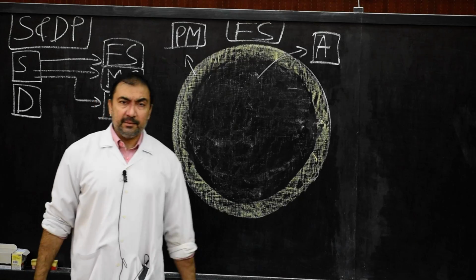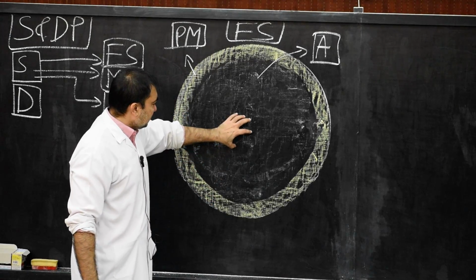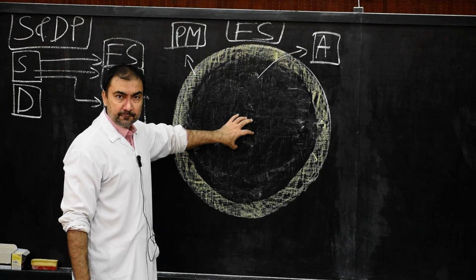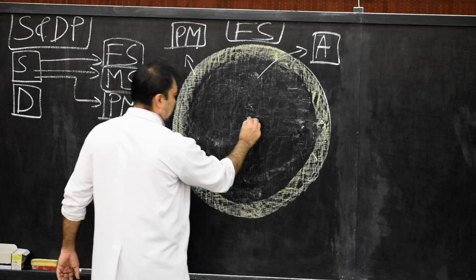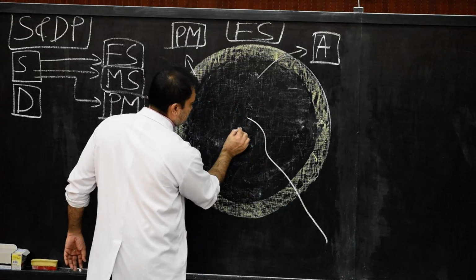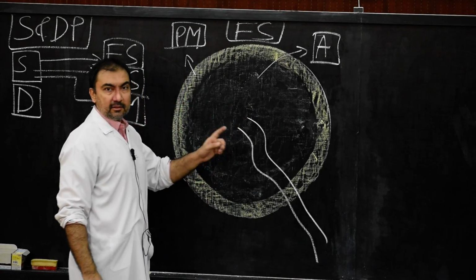What lies beneath the amnion? Beneath the amnion, we shall see that right in the center of the fetal surface of placenta, there will be the attachment of umbilical cord.